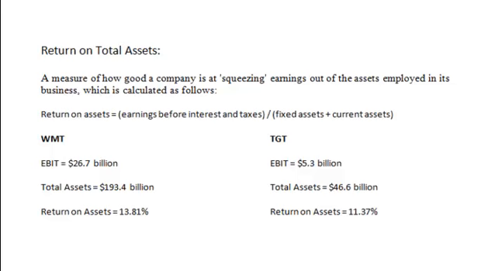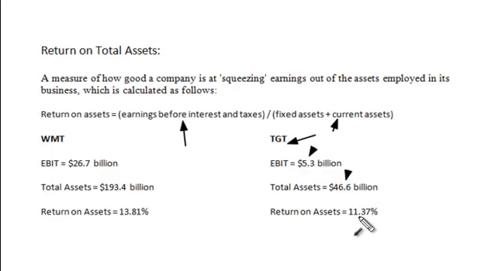Okay, now that we have the required data for Target showing the earnings before interest and taxes of $5.3 billion, we can simply plug that in right here. And the total assets of $46.6 billion, we'll plug that in right here. And take the 5.3 divided by the 46.6 billion, and you end up with a return on assets, after you move the decimal point, of 11.37%.